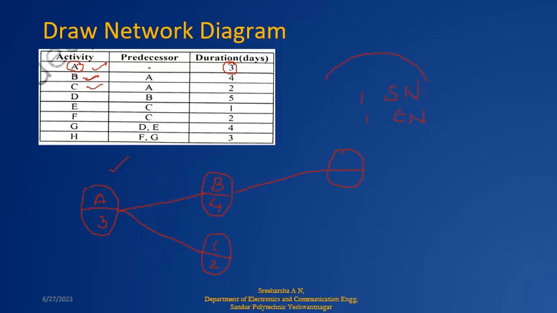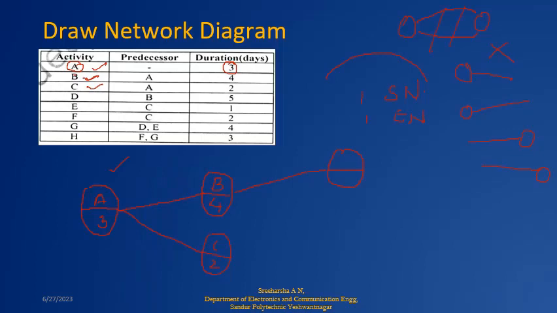You cannot have two nodes at the start, or two nodes at the end. If you are getting something like this, then you are doing it wrong. At the beginning, it should be one node, your whole network diagram should complete and it should come to the last node.